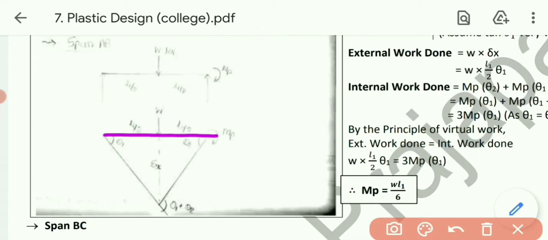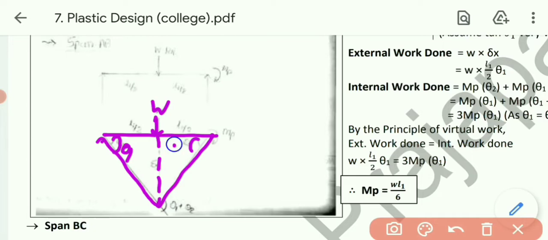So how to draw the mechanism? First of all, place the beam as it is, like this. Okay, L by 2, L by 2. Now at the center deflection will be there, so let's make a triangle at the bottom from the center, like this. Now over here rotation will be there, that is theta 1, over here theta 2, and over here the summation of both thetas.